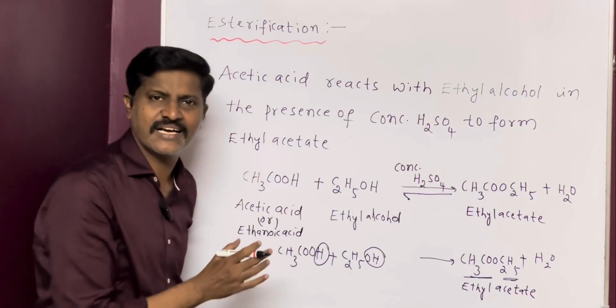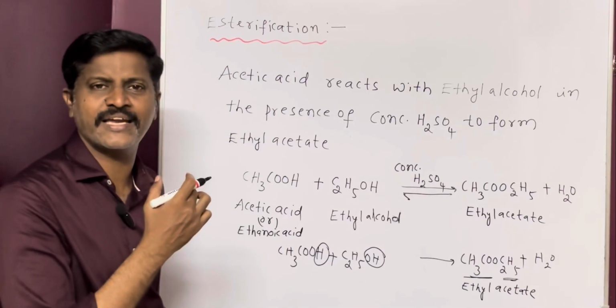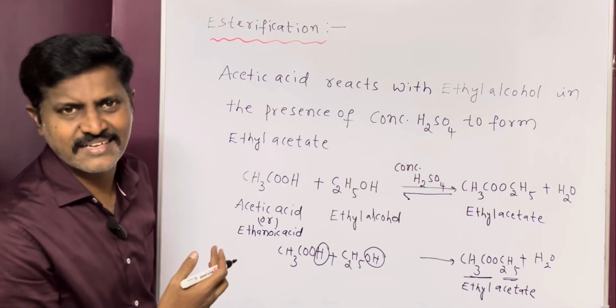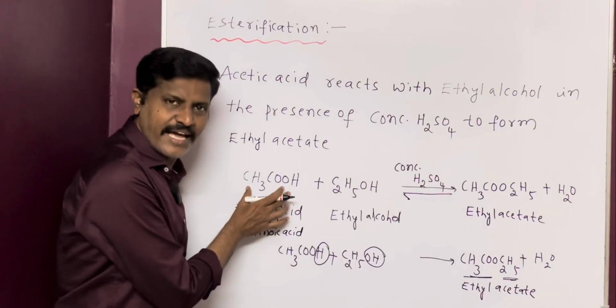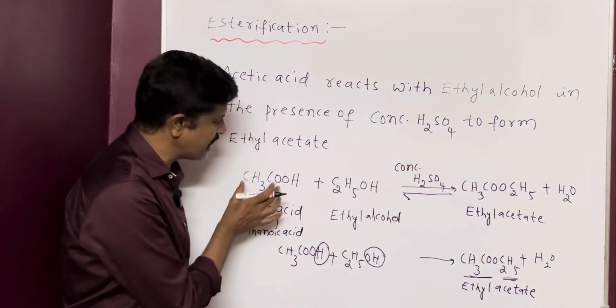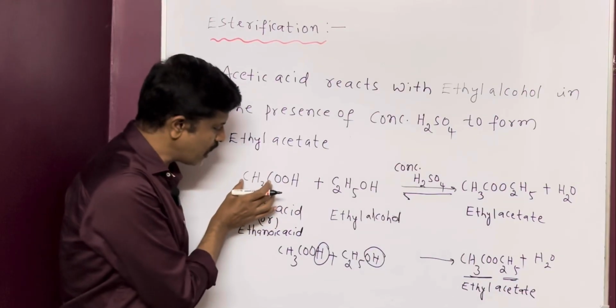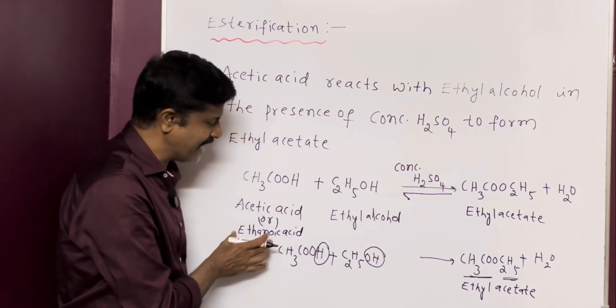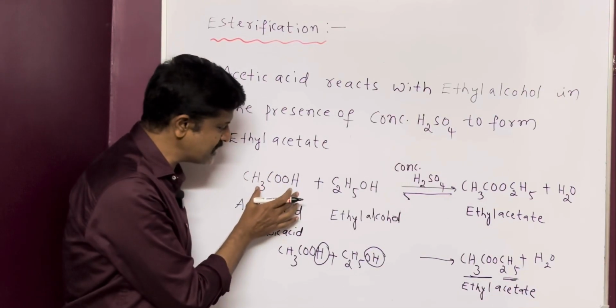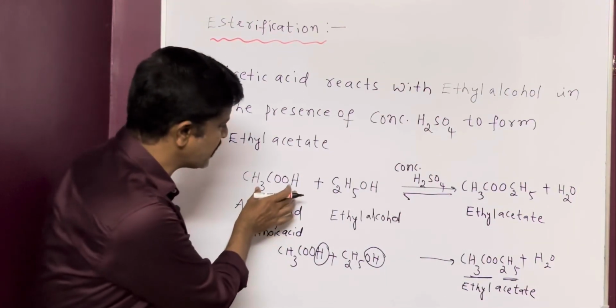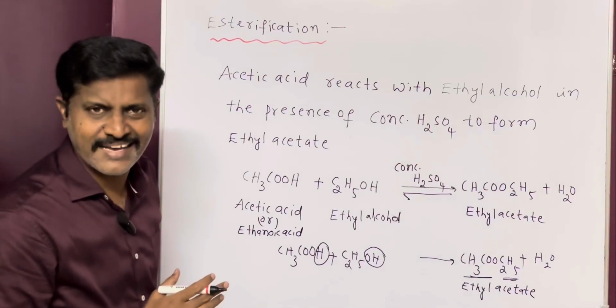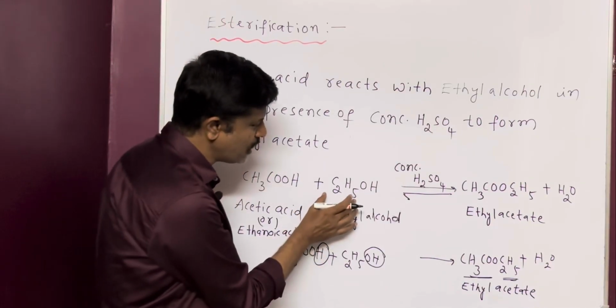Two carbons are present, then it is called eth. COOH is oic acid, carboxylic acid. So this is ethanoic acid. Clear?